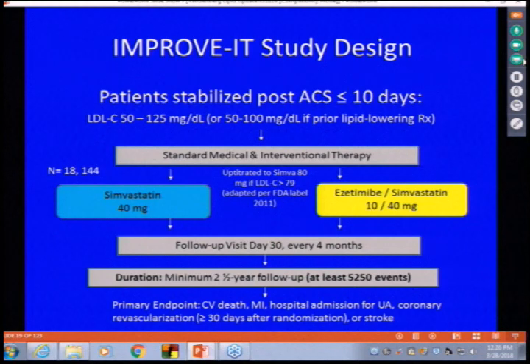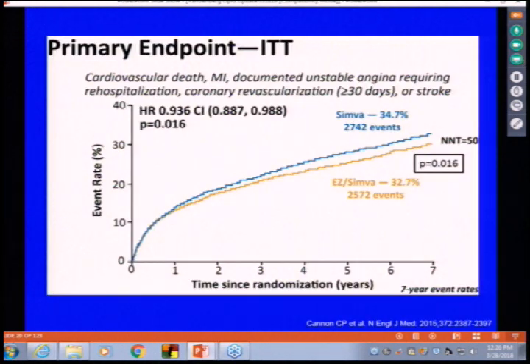So the assumption is that maybe we can extend this to patients, for example, who have moderate doses of atorvastatin, 10 milligrams, for example, who don't tolerate going to 40, which is considered high intensity. You could add ezetimibe, and your evidence base would be the IMPROVE-IT trial that showed improved outcomes. And again, this is just the Kaplan-Meier curve showing improved outcomes with the IMPROVE-IT trial.